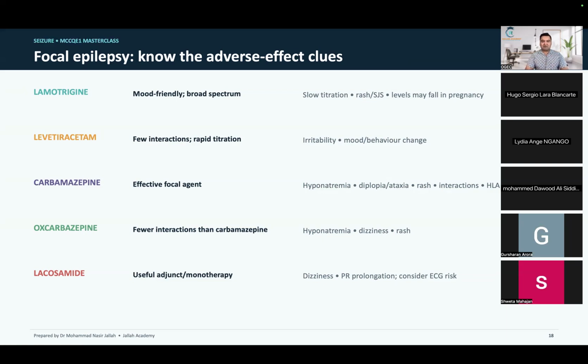Levetiracetam is the first best choice because it has fewer interactions. If you have a patient who is taking multiple medications, let's say a 65-year-old on 10 different medications, the safest medication, if he develops epilepsy, will be levetiracetam.